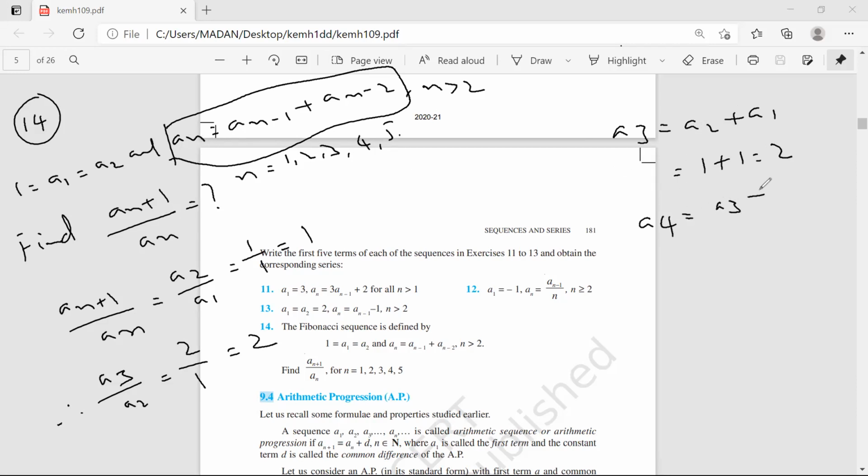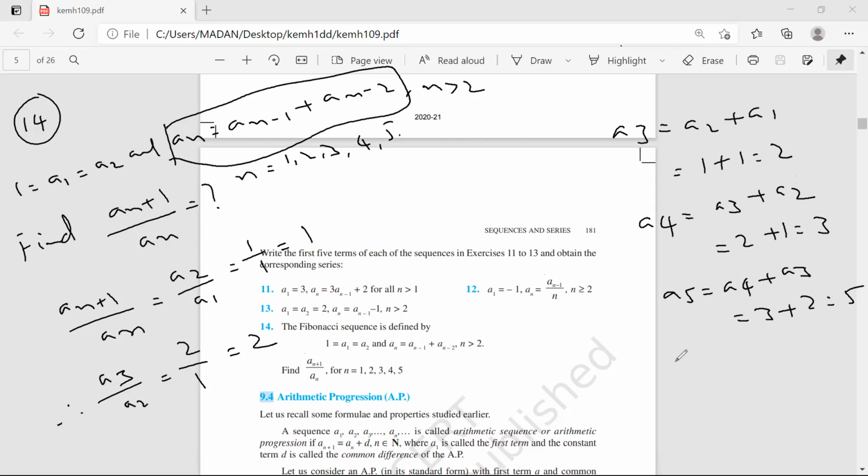A4 means A3 plus A2. A3 is 2, so A4 is 3. A5 is A4 plus A3. A4 is 3, A3 is 2. It is 5.